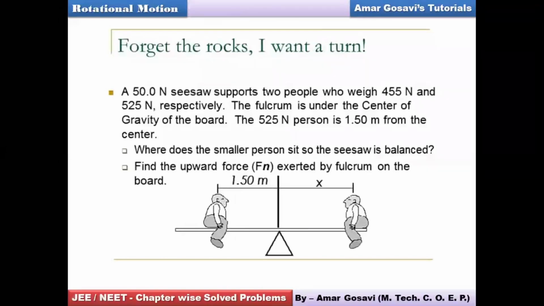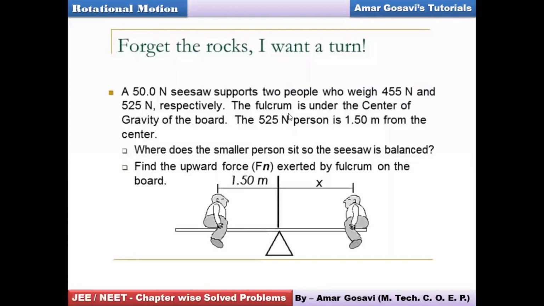Okay. So in this case, this is a problem which you can have a look at. A 50 Newton seesaw supports two people who weigh 455 Newton and 525 Newton, as shown in the figure.